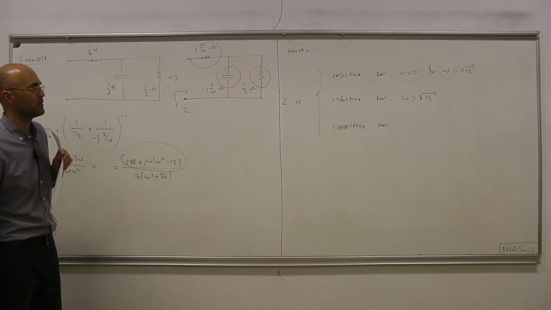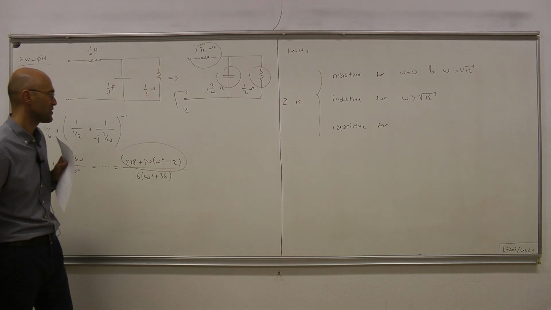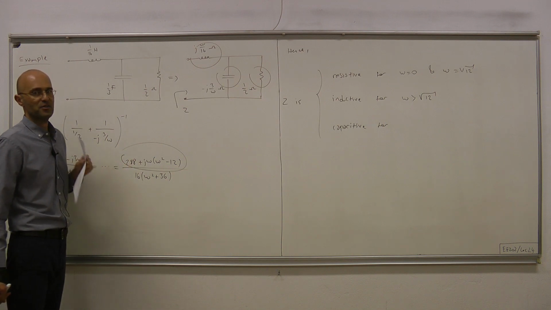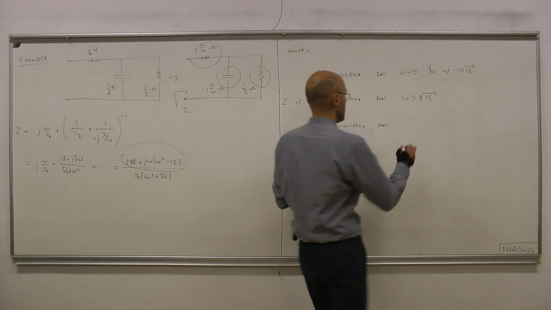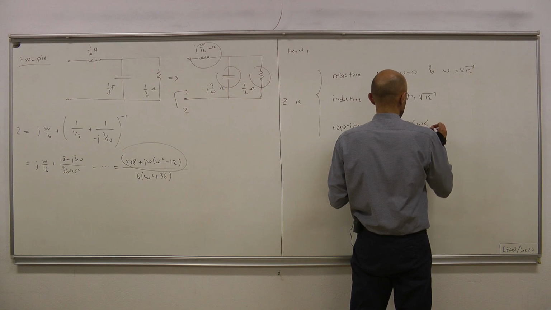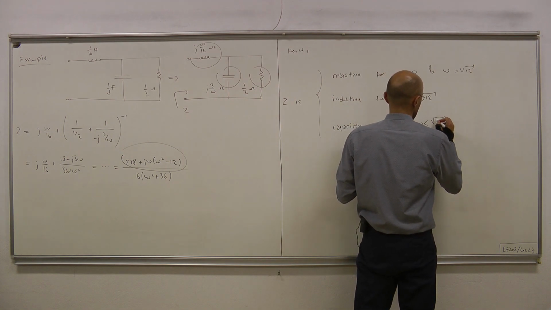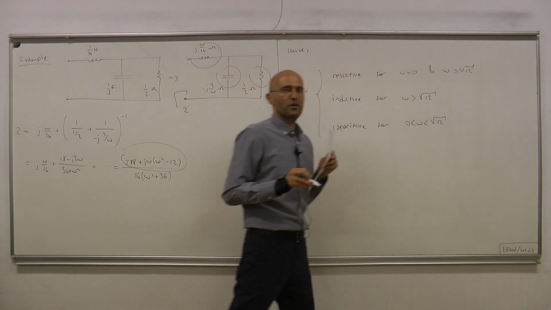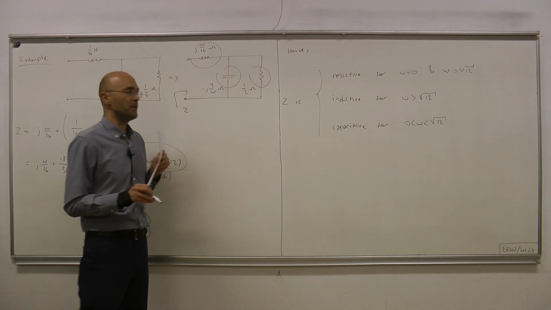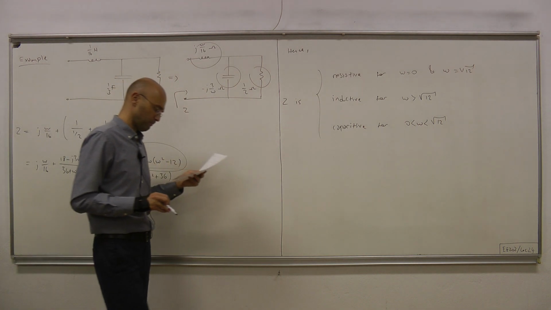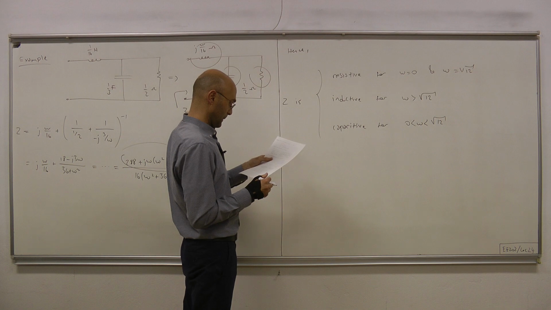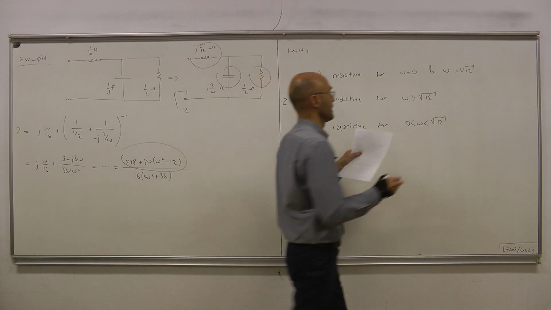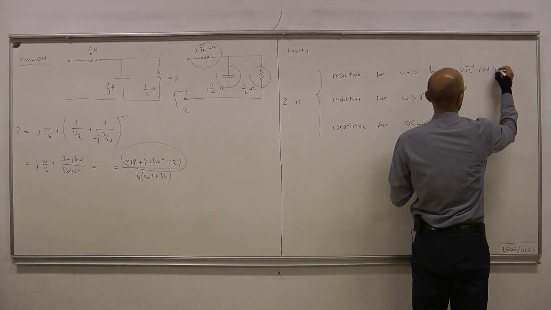And for the remaining omegas, we have the capacitive one port. In other words, for omega between 0 and 2 times square root of 3, our one port is capacitive, in radians per second.